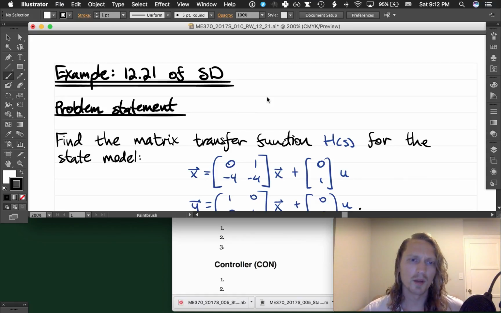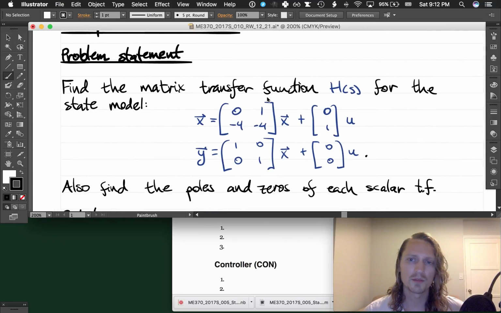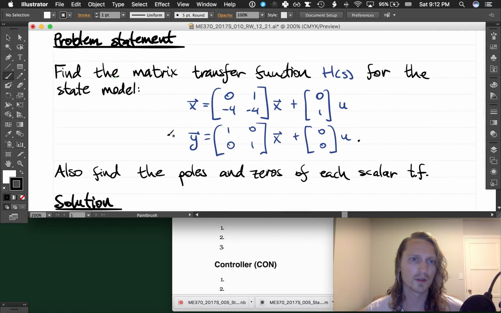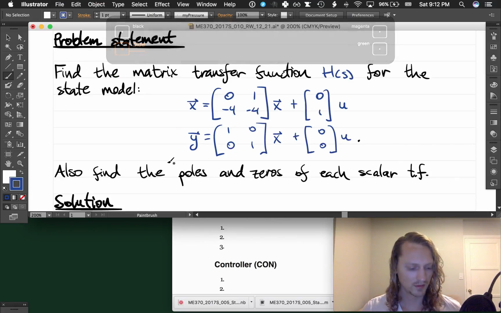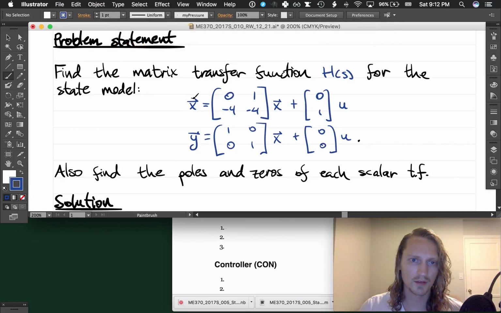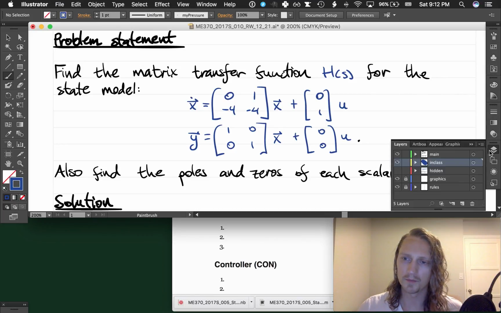So here's the problem. It's pretty straightforward. Let's find the matrix transfer function H of s for the state model shown. The state model has, as always, an A, B, C, and D matrix. It is missing a dot on the x, which I'm sure you already noticed.